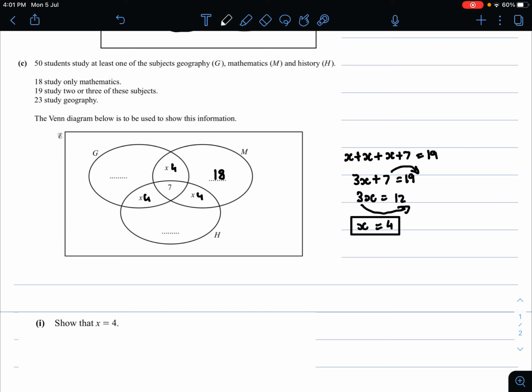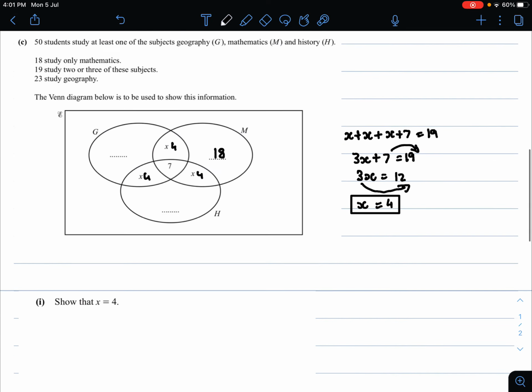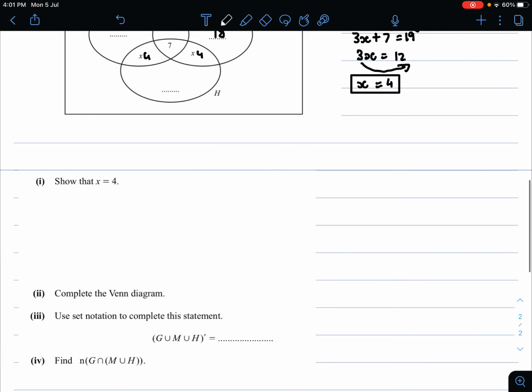Now 23 students study geography. So we need to find the value that is missing. So we can simply do 23 minus, actually let's wait for that. Complete the Venn diagram. Okay, yeah, so now we can go ahead with that.